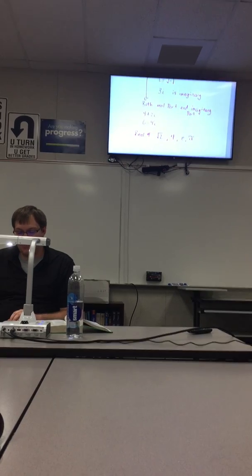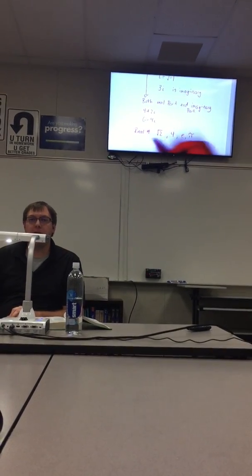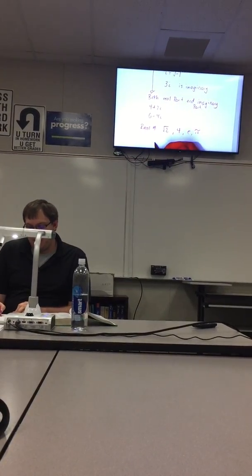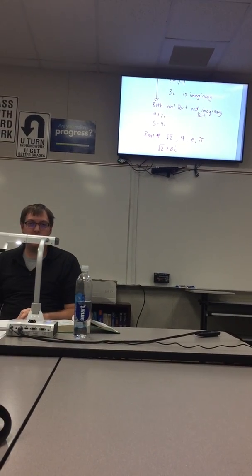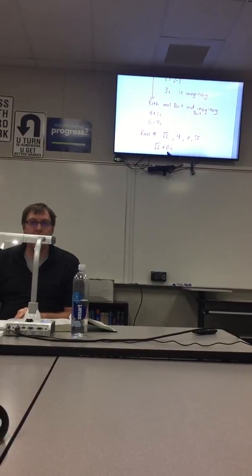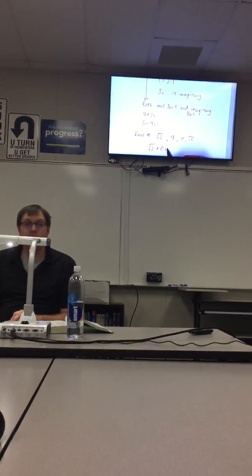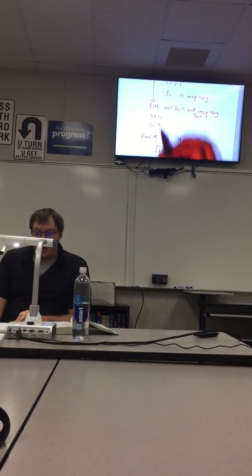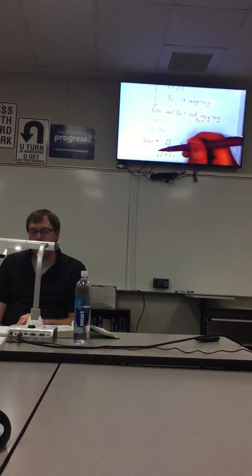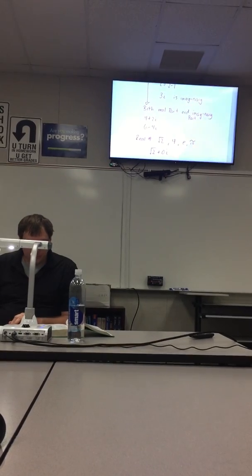A real number can be written in terms of complex, because all you have to do is go like this: the square root of 2 plus 0i. That's a complex number. It's just that 0 times anything is going to be 0. So real numbers are complex numbers.